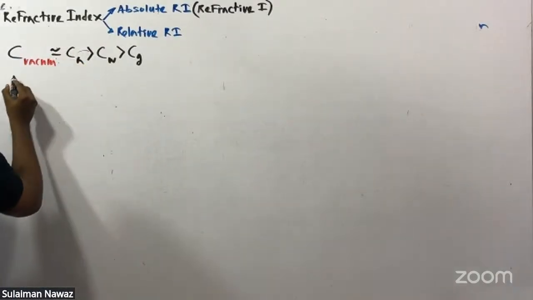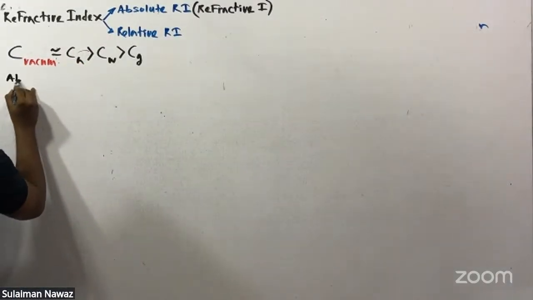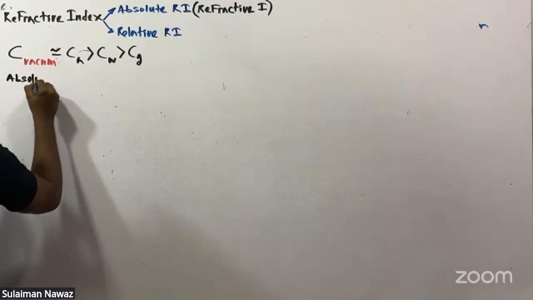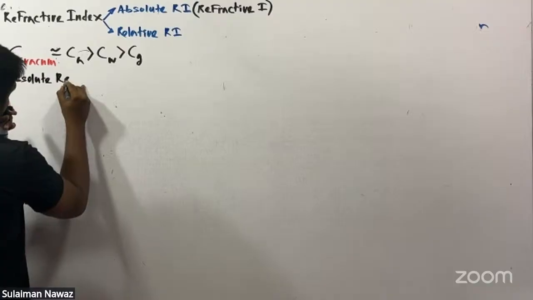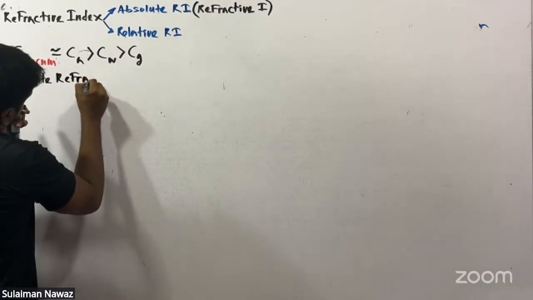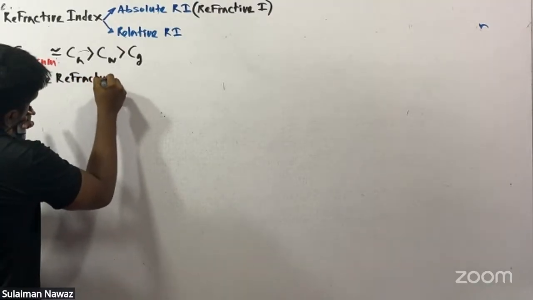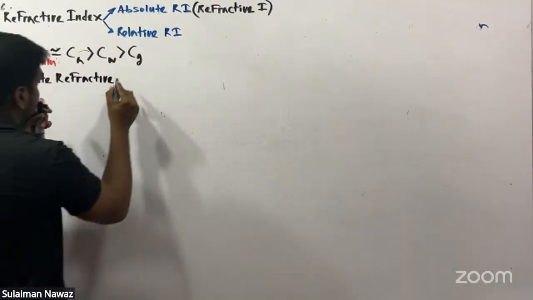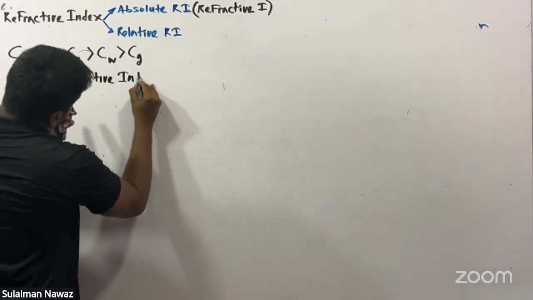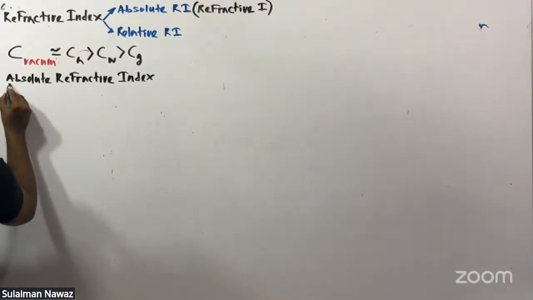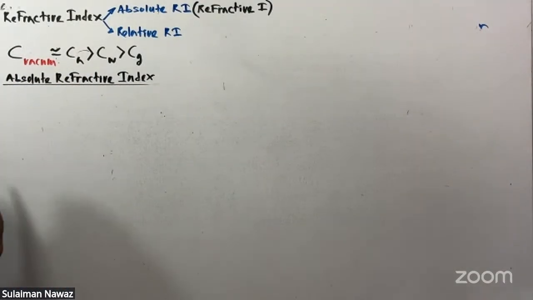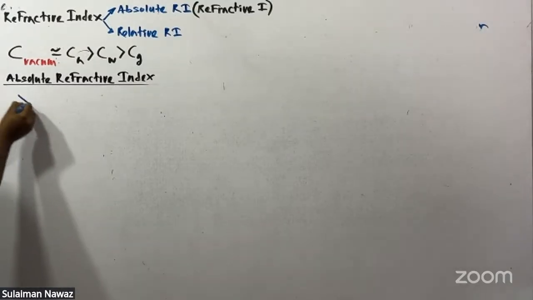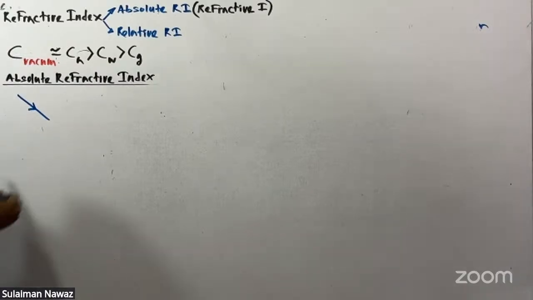Whatever I write on the board, if you feel it is important, write it down. Absolute refractive index. Let's say there's a light ray that is initially propagating in vacuum.